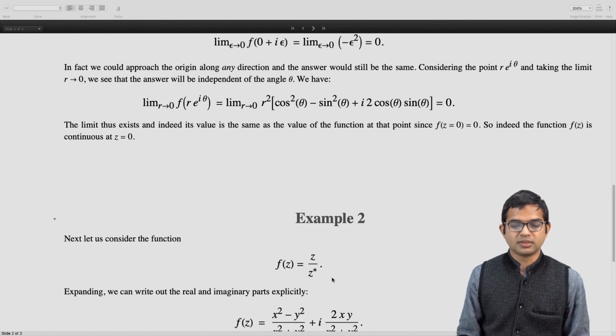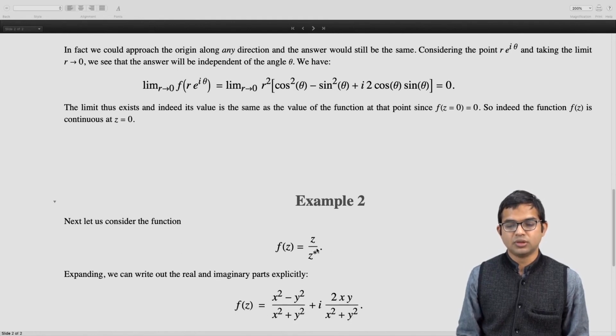If you expand this out and write it explicitly, you can write this as z squared divided by z times z star. So multiply and divide through numerator and denominator by z. Then the denominator becomes mod z squared, which is the same as x squared plus y squared.